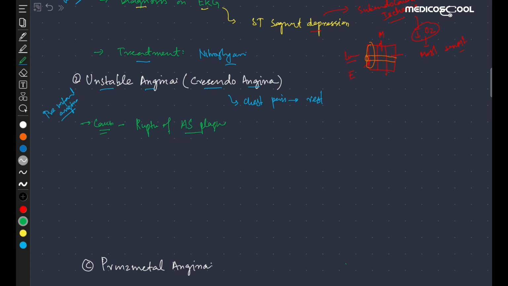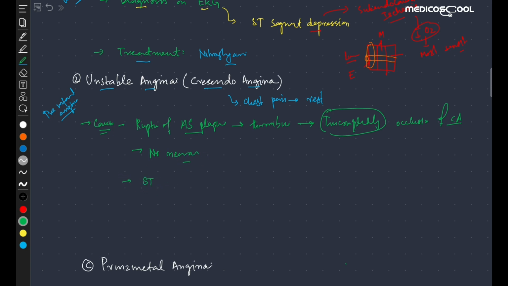and this rupture will lead to the formation of a thrombus. Keep this word in mind: incomplete. This thrombus will cause the incomplete occlusion of the coronary artery, and this will lead to the unstable angina. The same, there will be no necrosis of the myocytes.